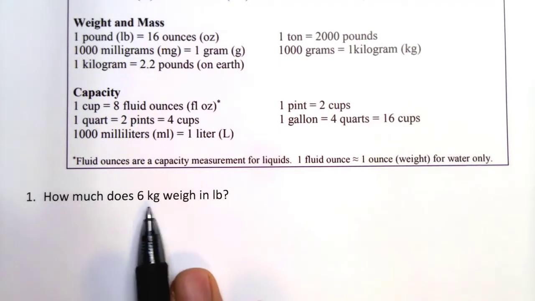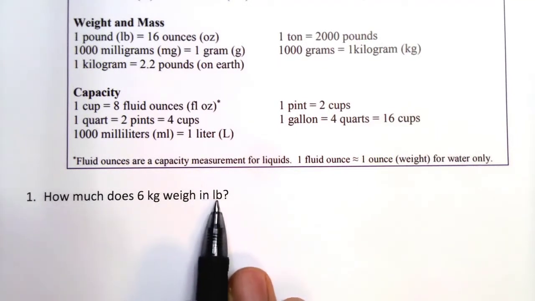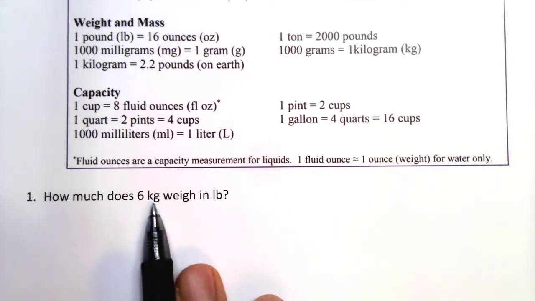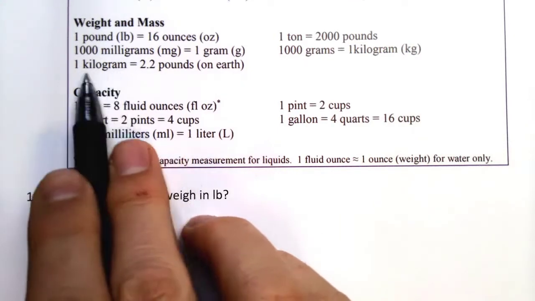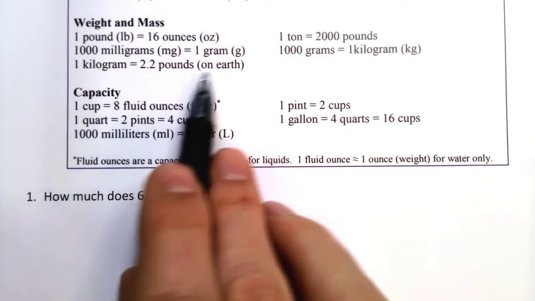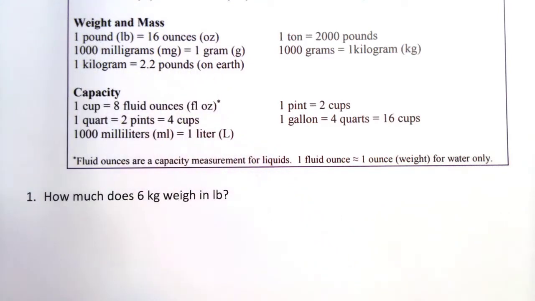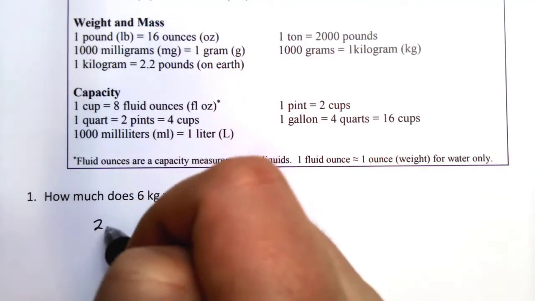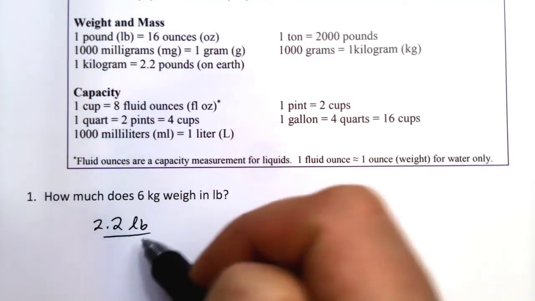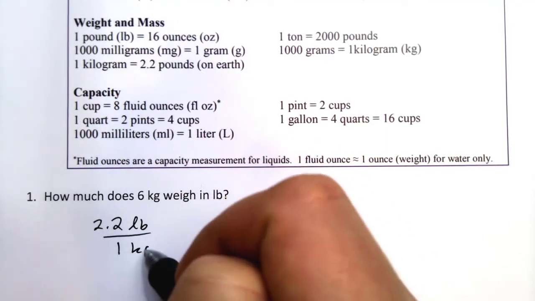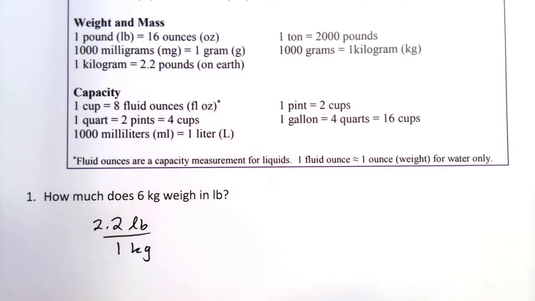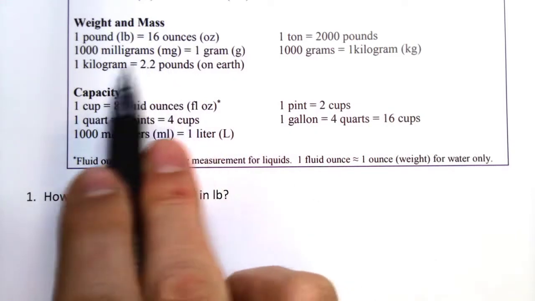Now, what we want to do is convert from kilograms to pounds. So we want the kilograms to cancel, which means we want the kilograms to be in the denominator. I'm going to write this as a fraction with kilograms in the denominator: 2.2 pounds divided by 1 kilogram. Like I said, this is equal to 1 because these things are equal.